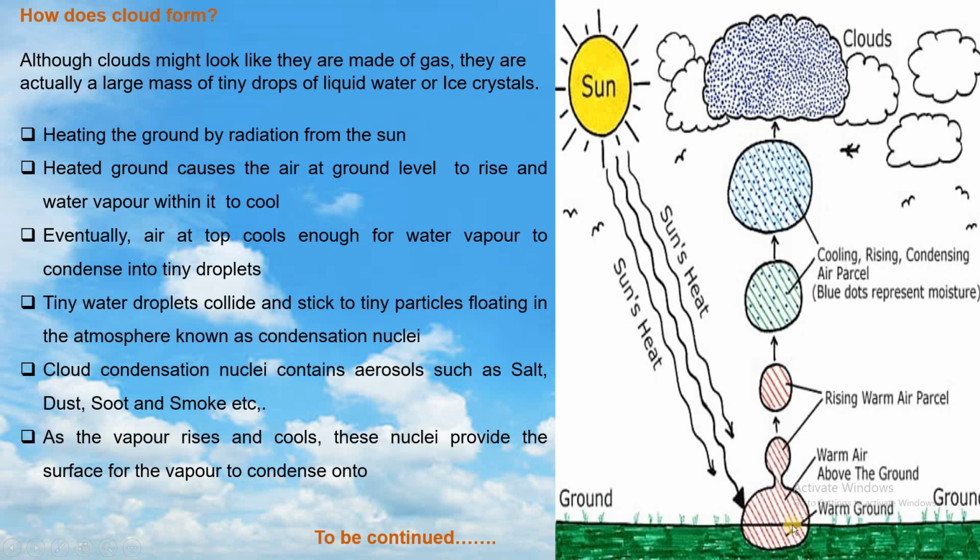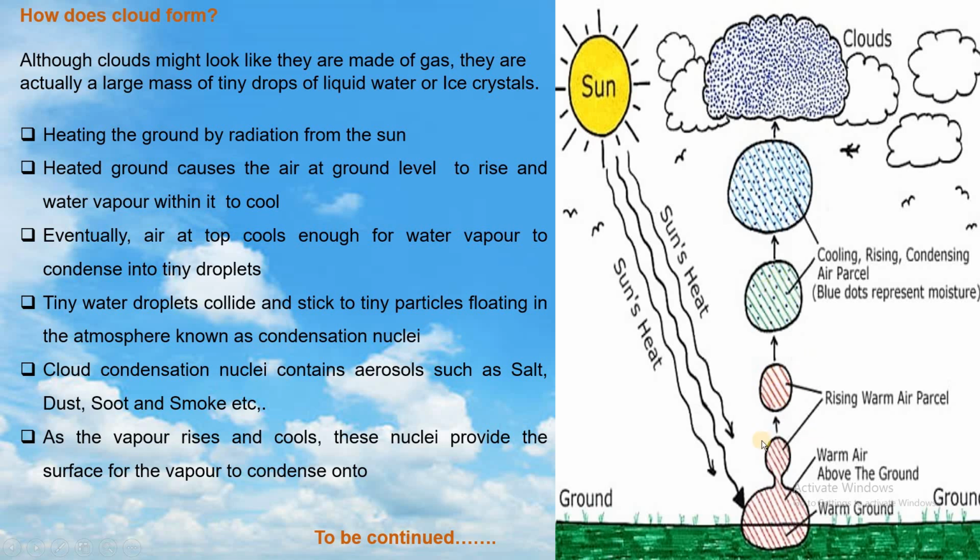Once the ground is heated, it starts heating the air which is nearby. Once the air near the ground is heated, these heated air parcels start rising. As this air parcel rises from the ground to the upper levels, its temperature decreases and its volume increases.